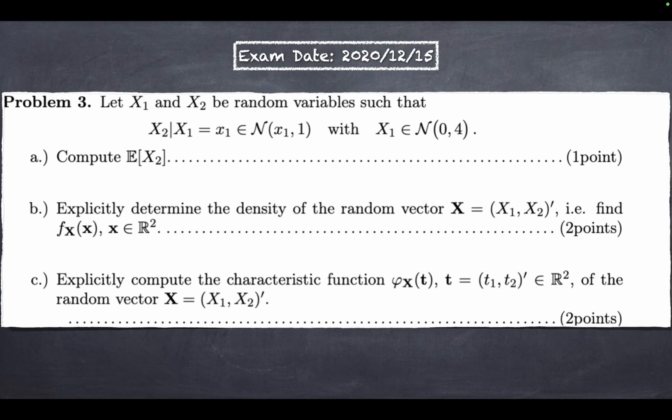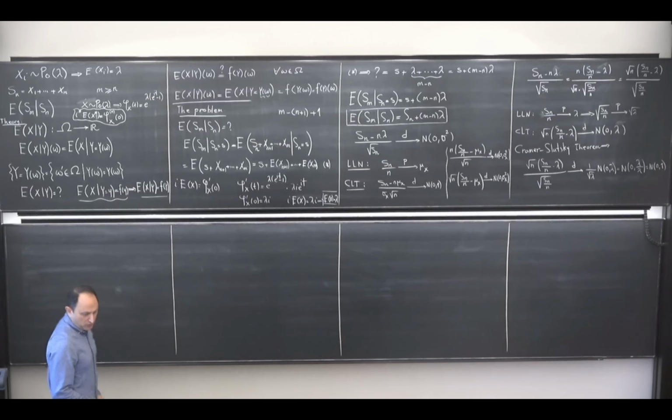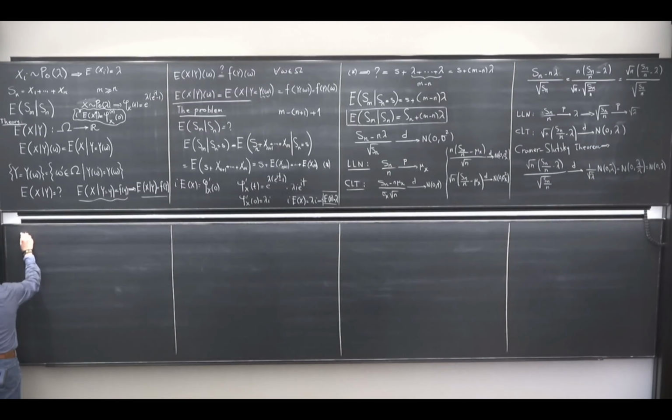We want to compute the expectation of x2. So let me write this information here for you. We know that x2, provided that x1 is x1, is normally distributed with mean this little x1 here and variance 1.